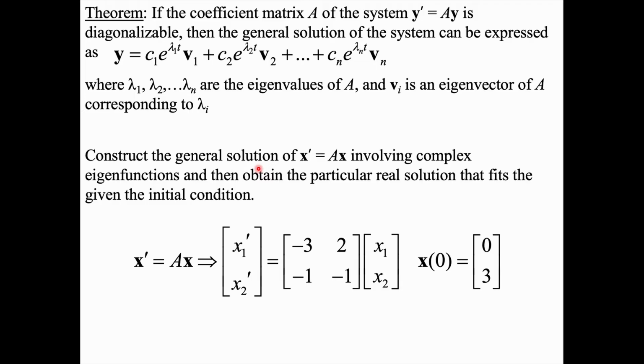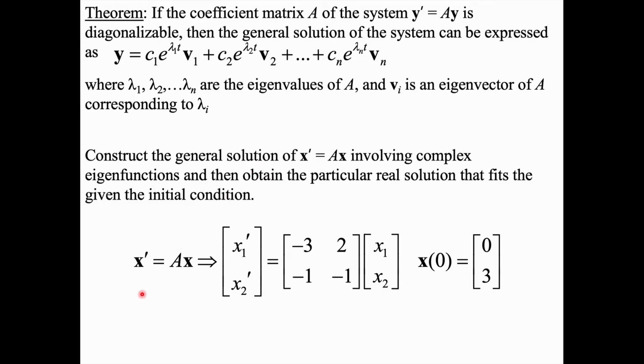Oftentimes textbooks just tell you to look at certain parts of the eigenfunctions and extract that information, the real part, the imaginary part. But why does that work, and what are they talking about? That's going to be the subject of this video.